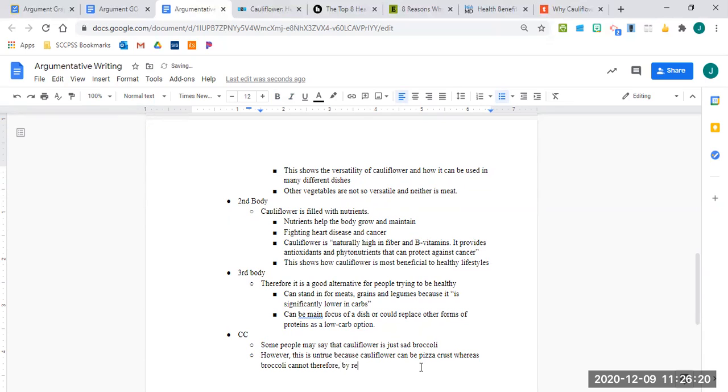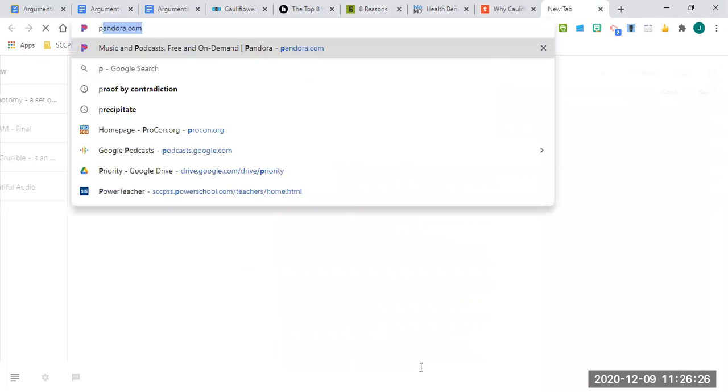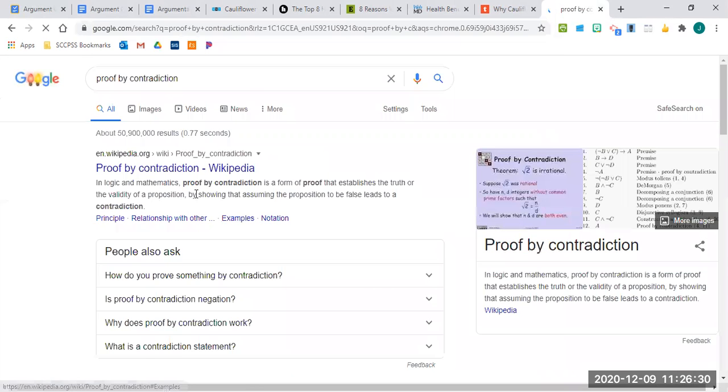Therefore, by proof by contradiction, what is it? Is that the phrase? It's a form of proof that establishes the truth or validity of a proposition by showing that assuming the proposition to be false leads to a contradiction. Great.